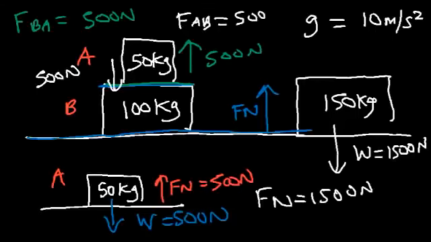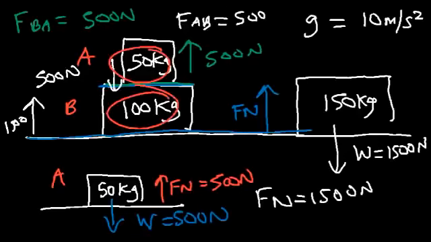So that's how you can analyze this example. And the force that the surface exerts on B, we said was 1500. And the force that B exerts on the surface is the weight force of the two objects, which is a downward force of 1500 newtons. So that's what you can do to answer a question where you have a block on top of a block.